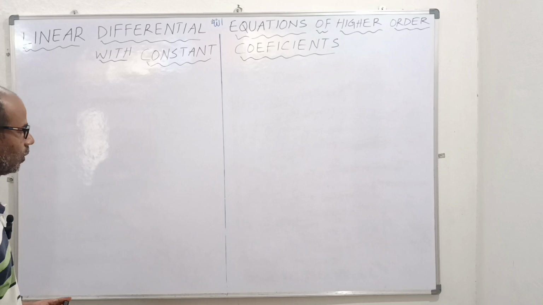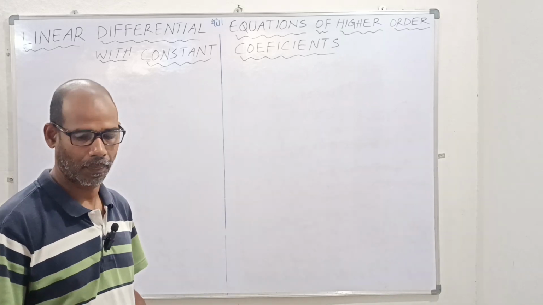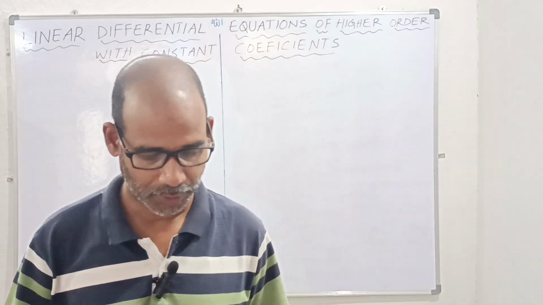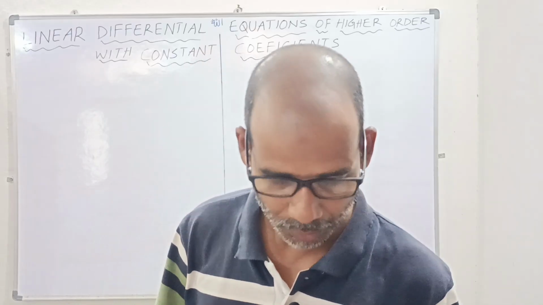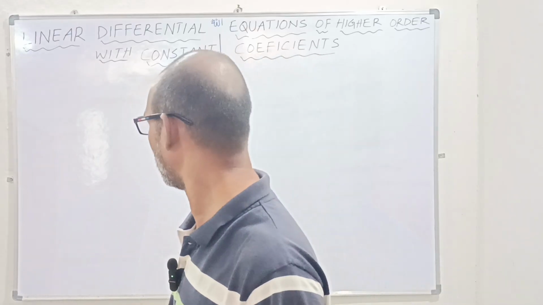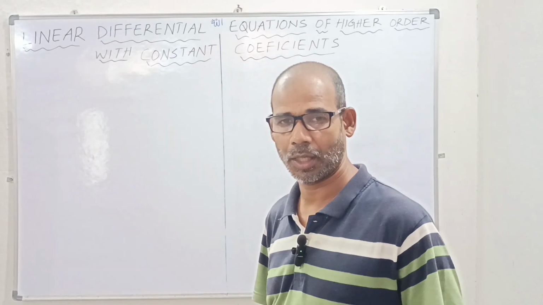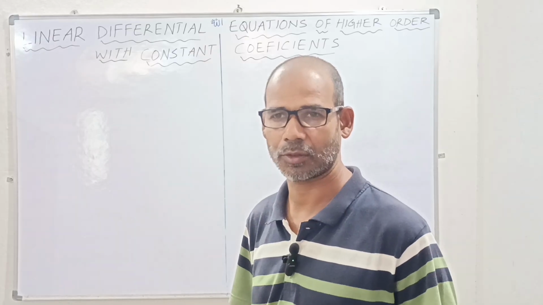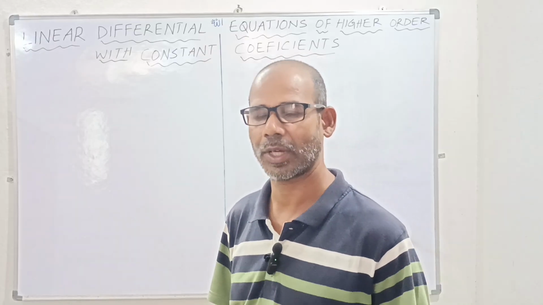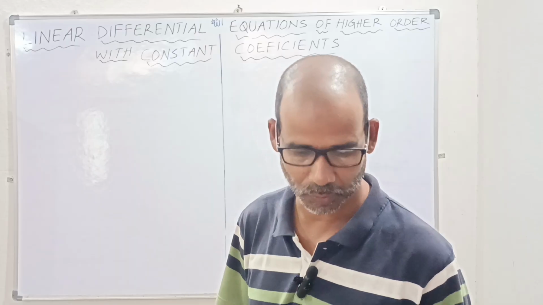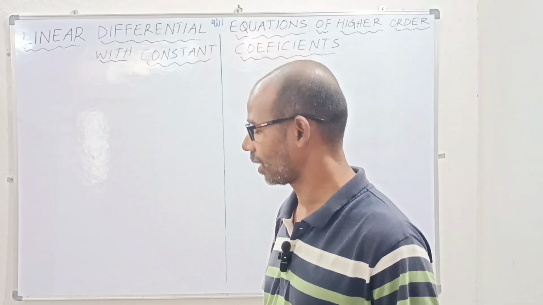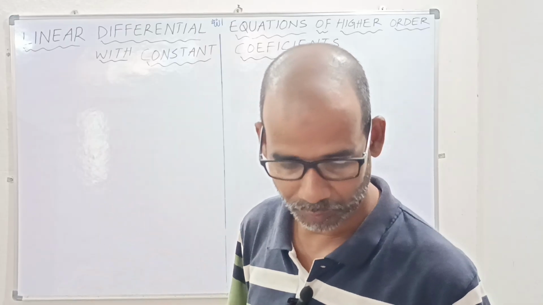When it becomes 0 on putting d is equals to a, that is a different case. But for sine ax or cosine ax function, we have to put d square is equals to minus a square in the denominator. Now when the right hand side function is the algebraic function, we will see what we have to do.